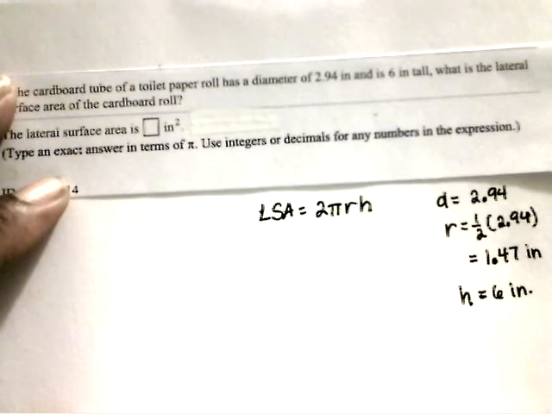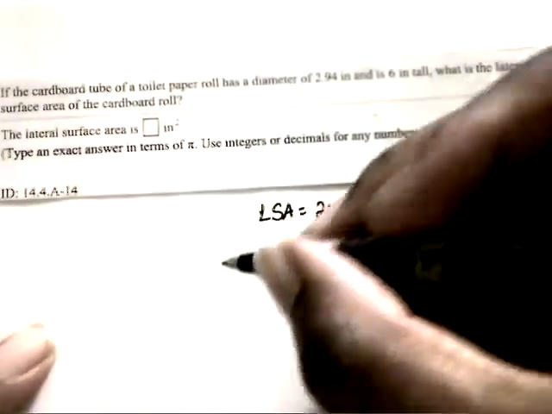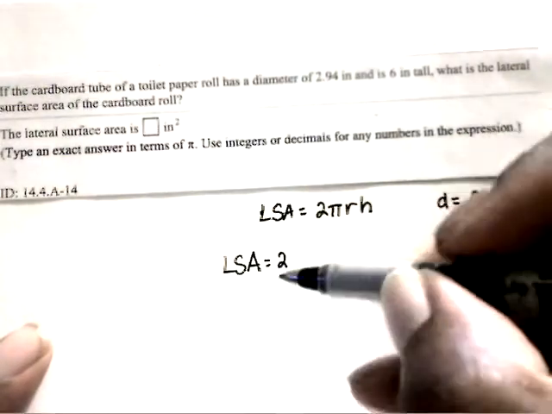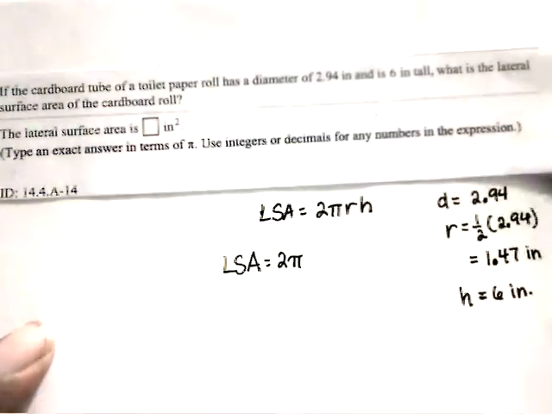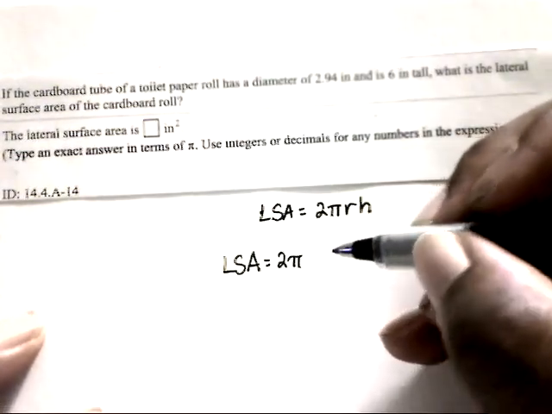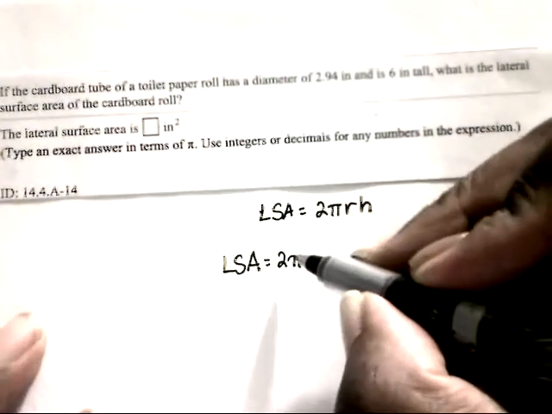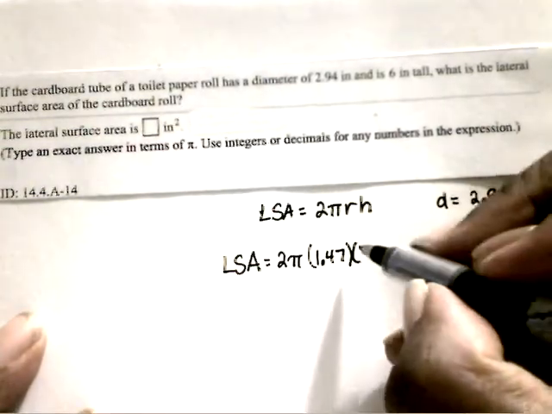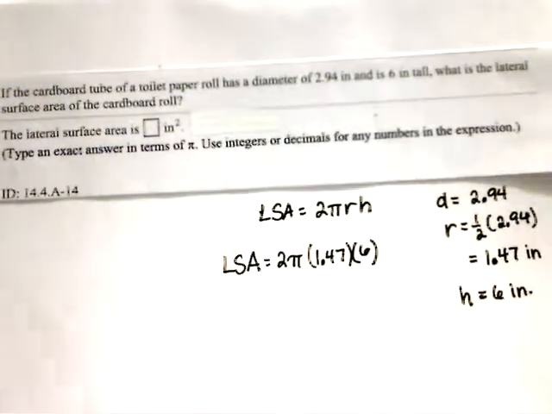Okay. So in this case here, we'll use that formula there. So the lateral surface area is equal to 2 times, now we're going to leave our answer in terms of pi, so we just bring down the pi. So you have 2 pi times r, that's 1.47, times the height, which is 6. Okay, so we know we got 2 times 1.47 times 6.